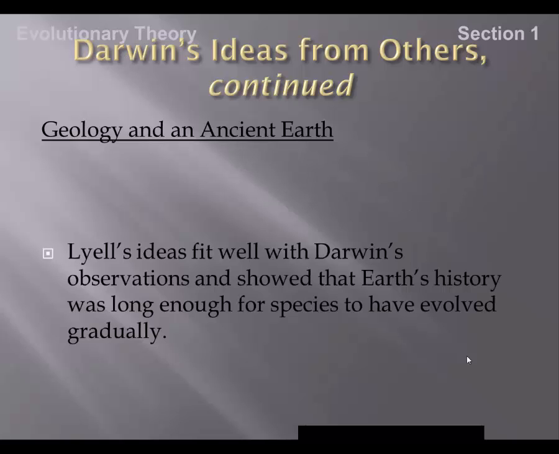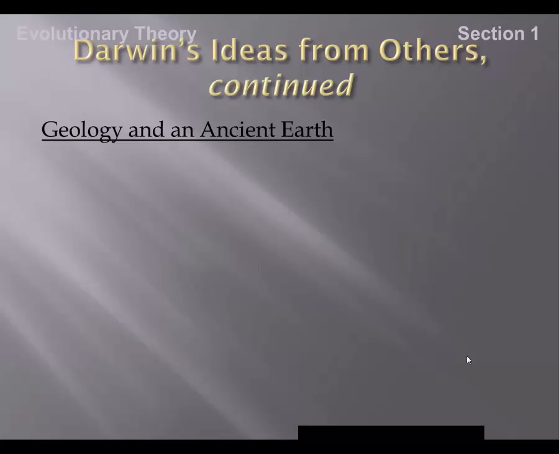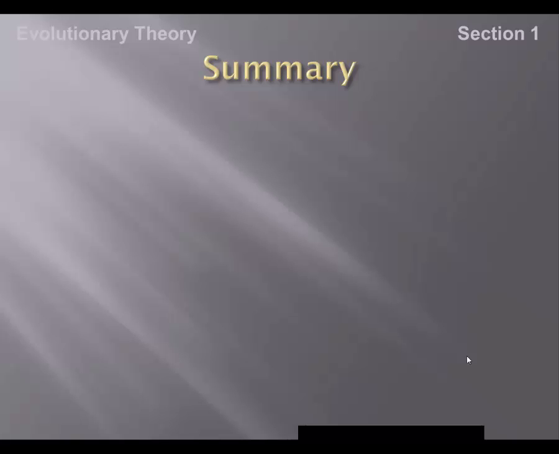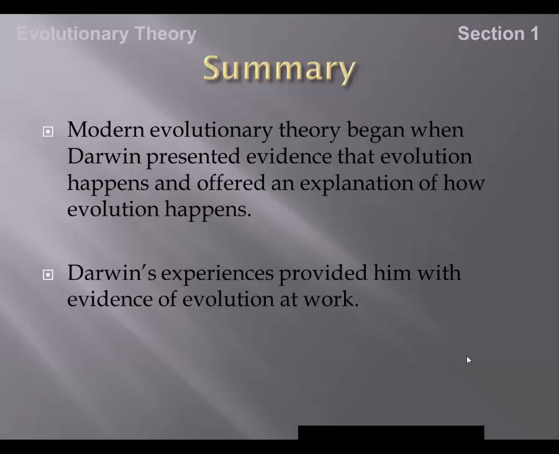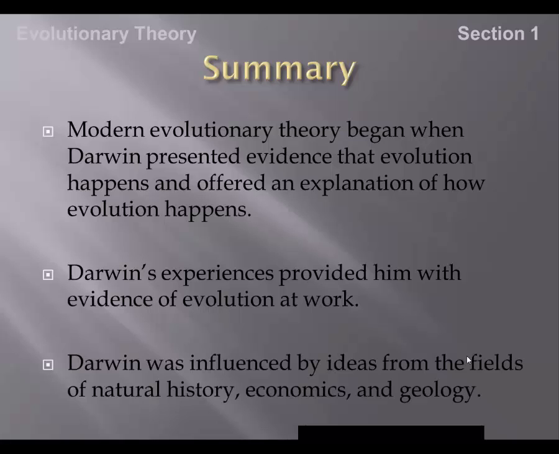Lyell's ideas fit well into Darwin's observations, and they showed that the Earth's history was long enough for a species to have evolved gradually, which is what Darwin believed. So our summary, modern evolutionary theory began when Darwin presented evidence that evolution happens and offered an explanation for how evolution happens. Darwin's experiences provided him with evidence of evolution at work. Darwin was influenced by ideas from the fields of natural history, economics, and geology.